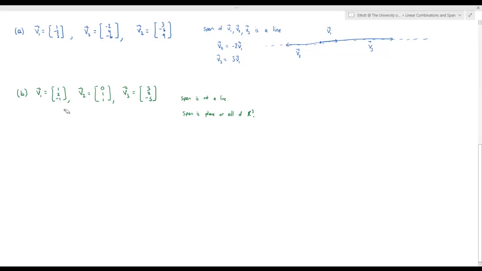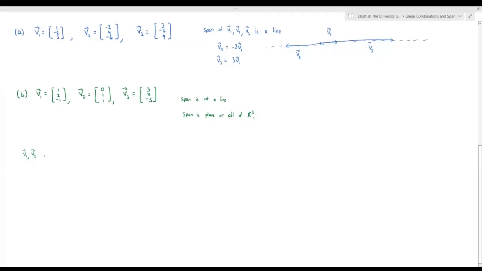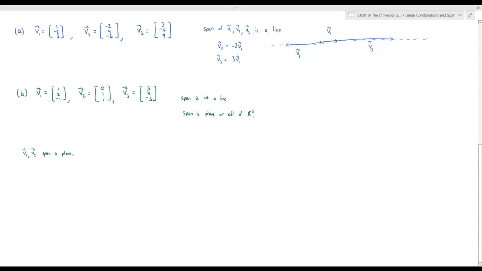So here's the idea. When we look at the first two vectors, v1 and v2, we already know that v1 and v2 are going to span a plane because they are not scalar multiples of each other. So then what we want to do here is check if v3 belongs in the plane formed by v1 and v2.